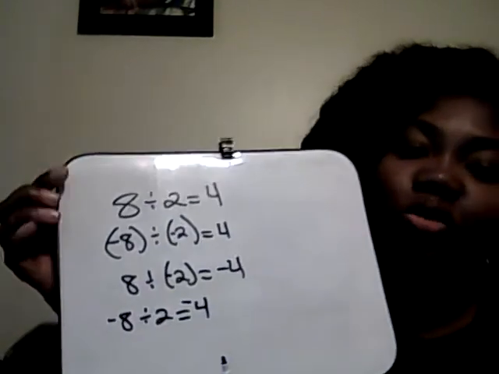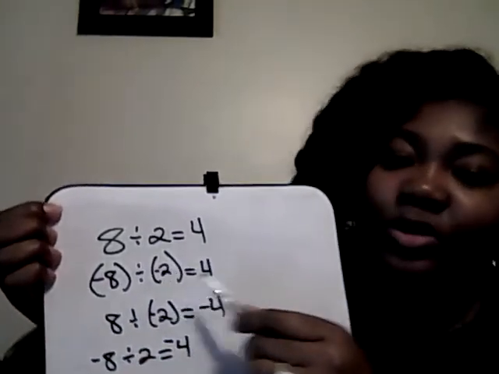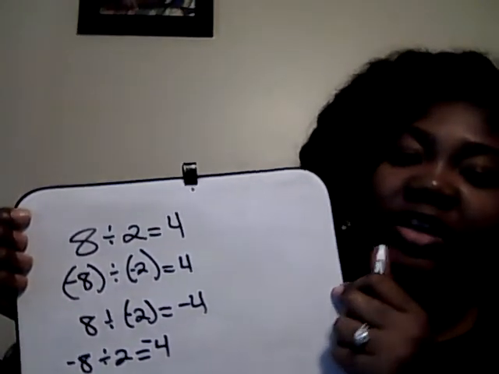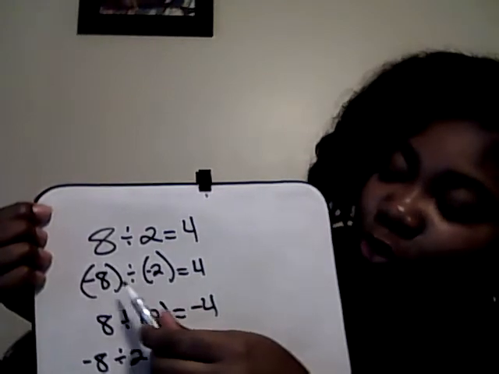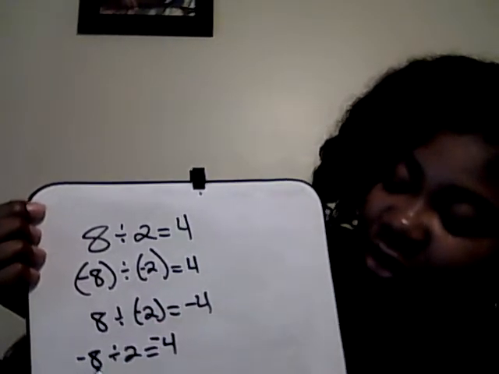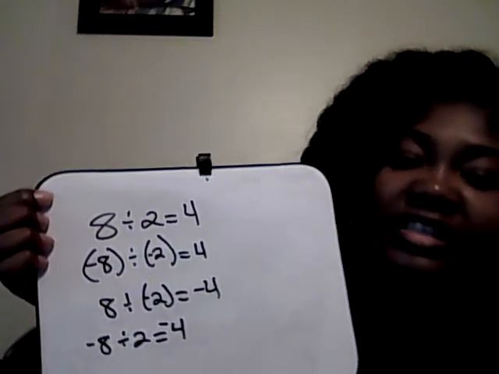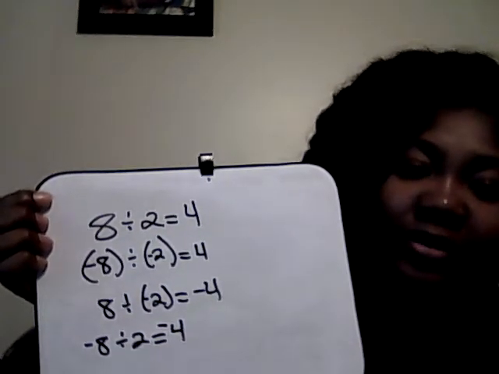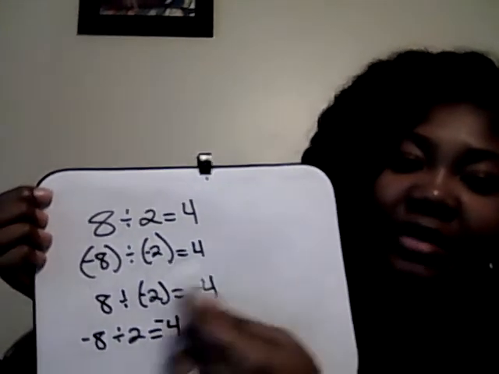So don't get scared of the bracket. You see the bracket and think it is something extra you have to do. They just put it in there sometimes. So that's why I did some examples with the bracket and some without, just so you see it's the exact same thing. You do the same exact method.